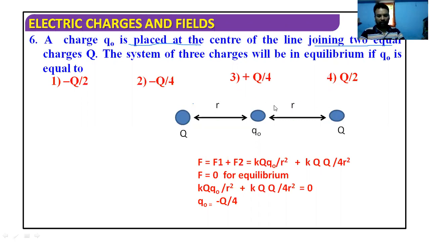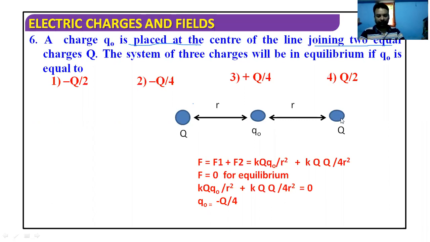But now I introduce a third charge, Q naught. I do not know how much the charge is. So we are asked to find out how much charge should be placed exactly in the center of these two charges, so that the system of these three charges remains in equilibrium.